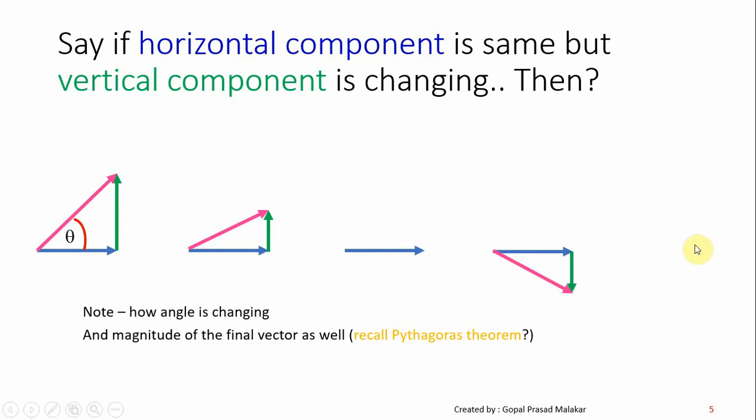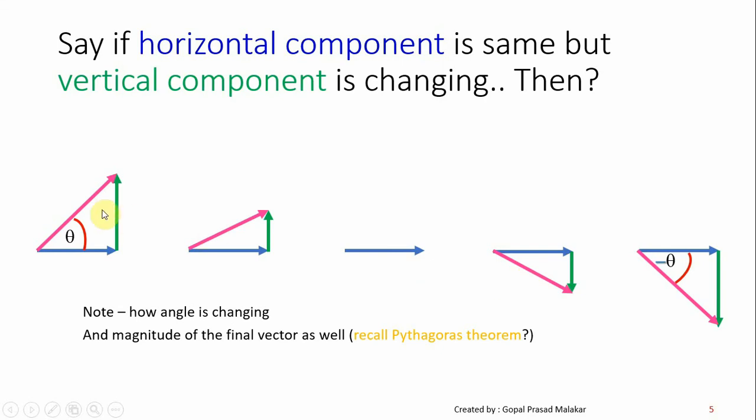After some time, when it gains more speed, the vertical speed becomes huge and it is in the negative direction. This size is bigger than this one. So if this is A, this is B4, and this is A, and this is B5. Because B5 is bigger than B4, this C5 will be bigger than C4.